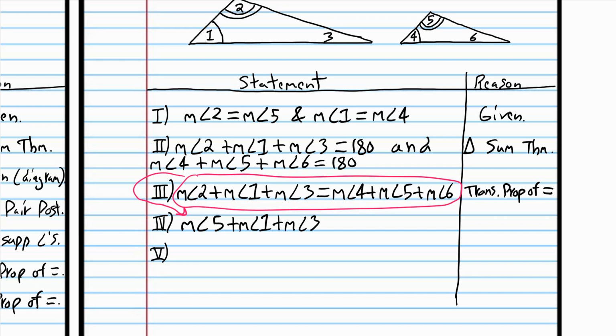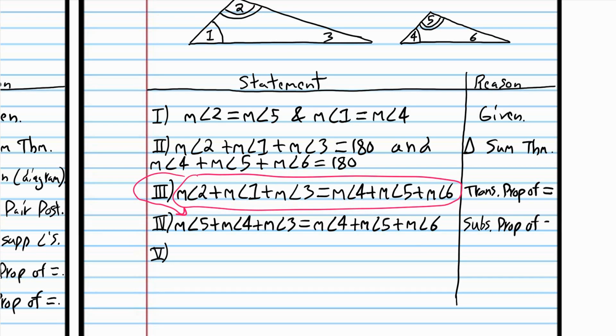And instead of measure of angle 1, I'm going to plug in measure of angle 4. There's a number of different ways to do this. Now you can see what's going to happen. Well, first of all, that was a substitution property of equality.